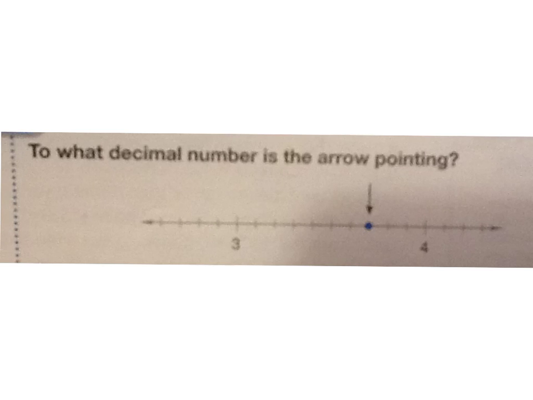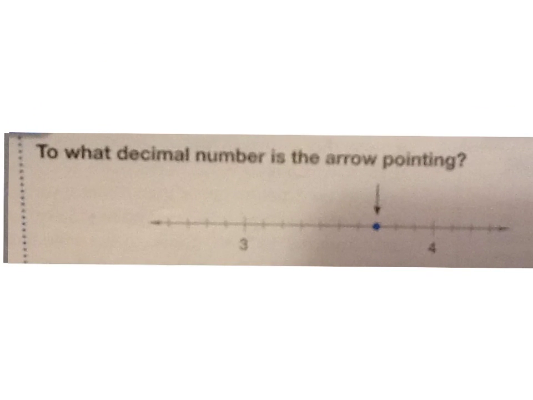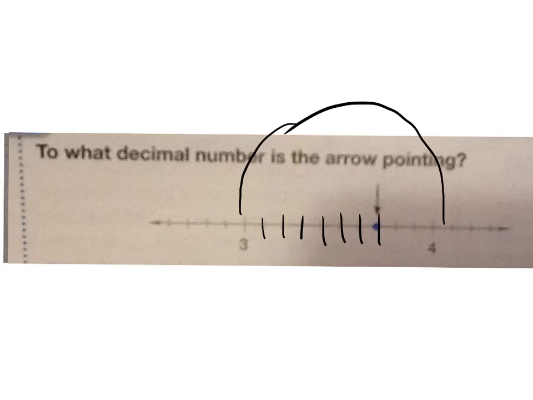Looking at the next example, what decimal number is this arrow pointing to? The distance between the 3 and the 4 is divided into 10 segments. 1, 2, 3, 4, 5, 6, 7, 8, 9, 10.